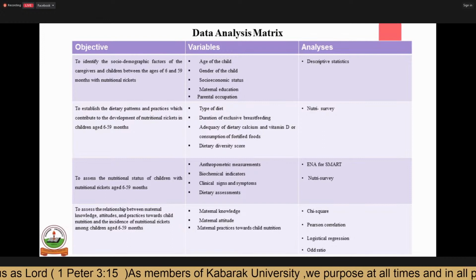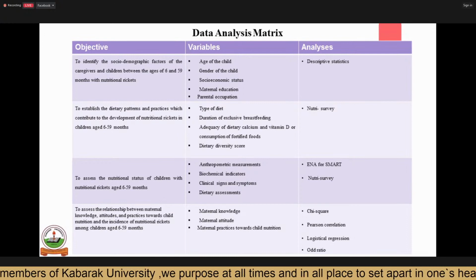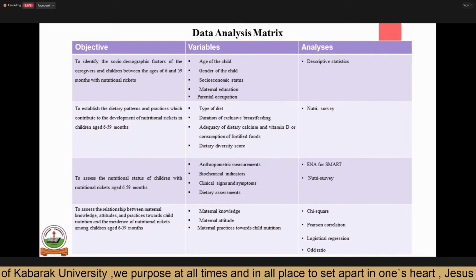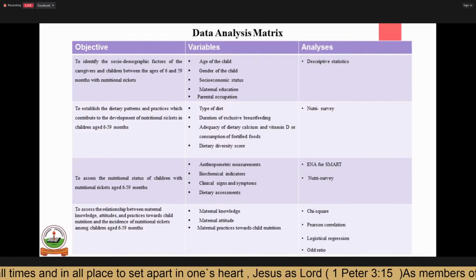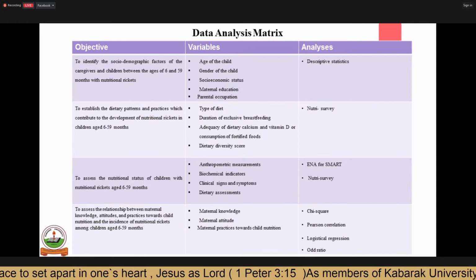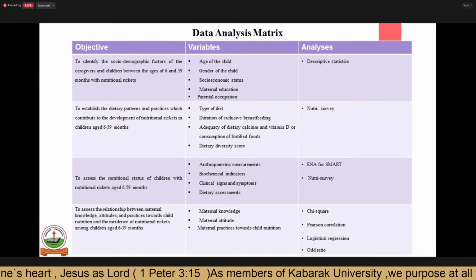Will be analyzed using survey, and that will be analyzed for SMART community survey, and also the fourth objective will be analyzed using the chi-square, the Pearson correlation, the logistic regression, and the odds ratio. And this is the end of my presentation.